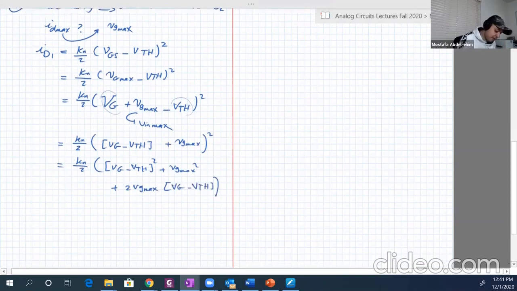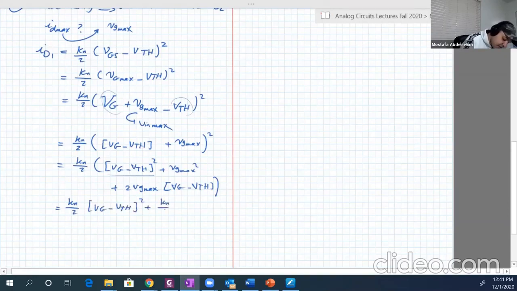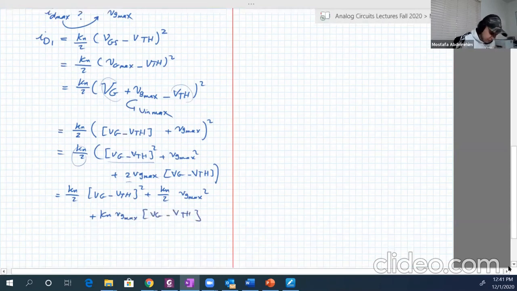Okay, this is equal to Kn over 2 multiplied by (VG minus V threshold) squared, plus Kn over 2 vg max squared, plus Kn vg max (VG minus V threshold), because Kn over 2 multiplied by 2 cancels the half.